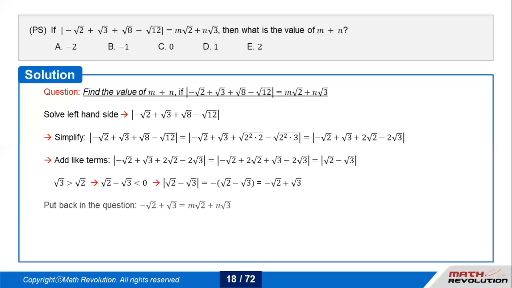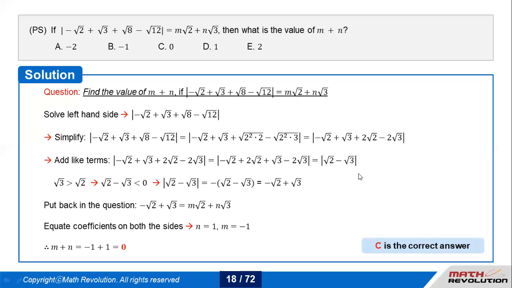Now comparing this with the given format, which is m square root 2 plus n square root 3, m becomes minus 1 and n becomes 1. And there should not be any hassles adding up minus 1 plus 1 to get a 0. So the correct answer for this question is not E, but it is C.